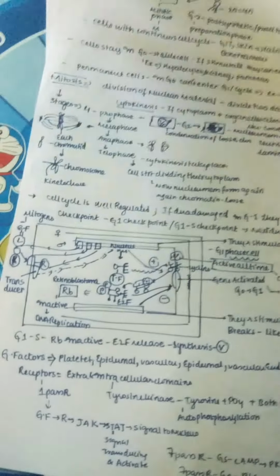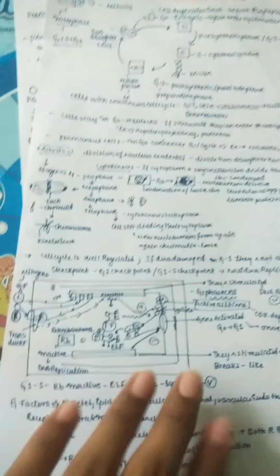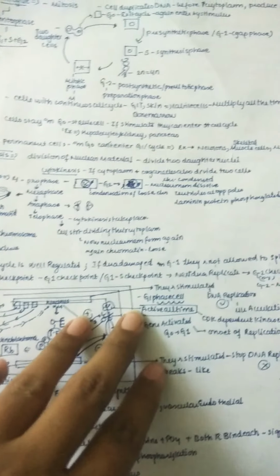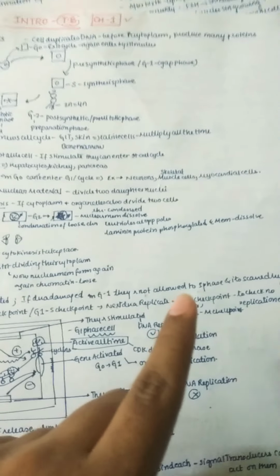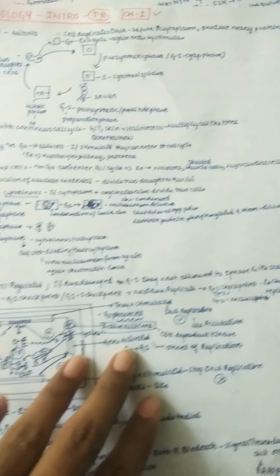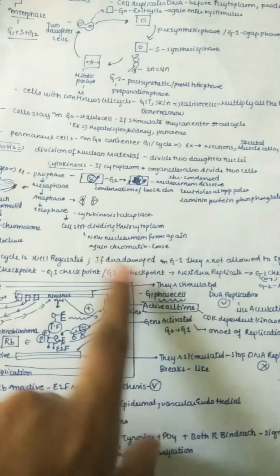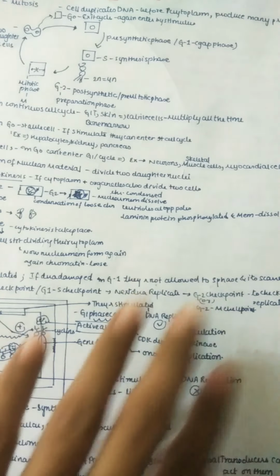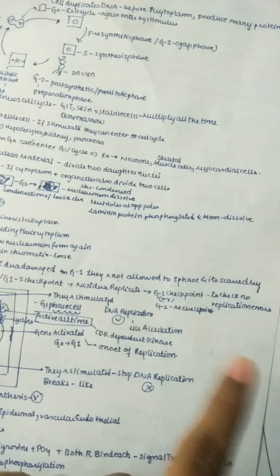So the cell cycle is well regulated, right? You can see here how G1, everything is well regulated. If there is any derangement, disturbance or damage in G1, for example, then the cells are not allowed into S phase, and this is scanned mainly by the checkpoint, the G1 checkpoint, also known as the G1/S checkpoint. Then DNA replication takes place, and there is also the G2 checkpoint to check the number of replication errors.